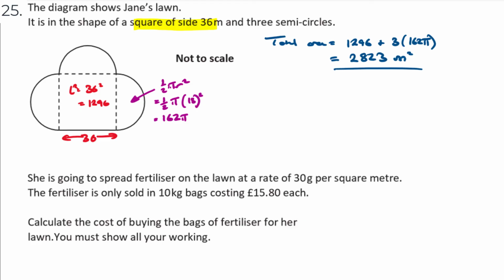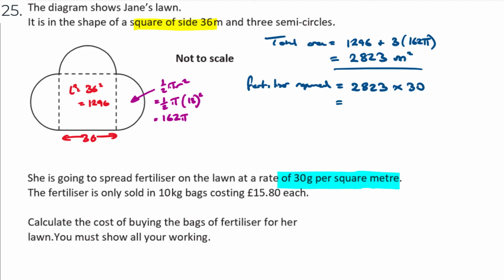Now the next bit says she's going to spread fertilizer on the lawn at a rate of 30 grams per square meter. So how much fertilizer is required? It is going to be the amount of lawn she's got, 2823, times the amount of fertilizer she needs per square meter, which is 30, isn't it?